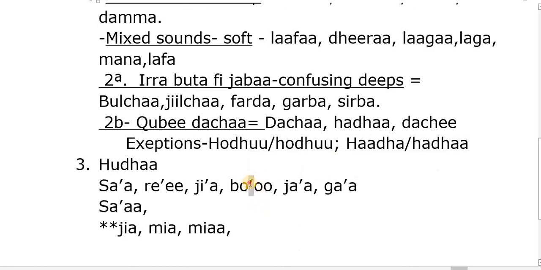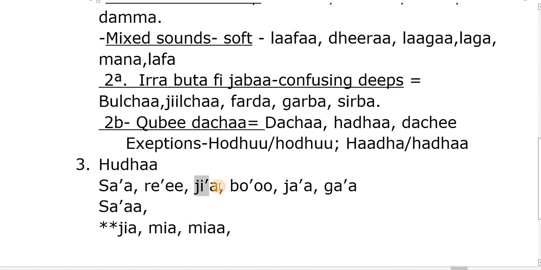For Oromo, it is the apostrophe. So bo doesn't have any meaning, but bo'o has a meaning. Ja'a means six. Ga'a. If we don't have apostrophe, then we don't have any meaning at all.